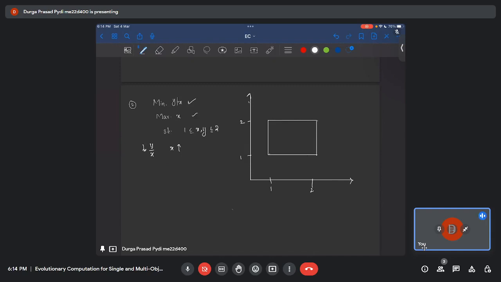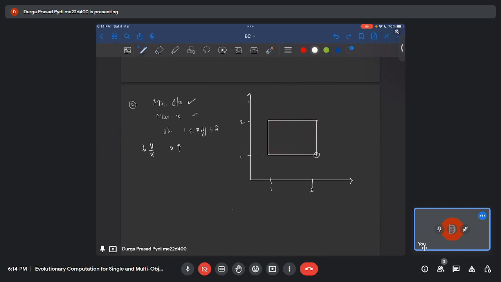So you should be somewhere along this line. And when you want to minimize the value of y, this is your maximum value of y, so if you want to minimize it, your value will be somewhere over here. So essentially, you should be somewhere along these 2 lines. The point of intersection of these 2 lines will give you the maximum value of x and minimum value of y by x. So you immediately got a solution to it.